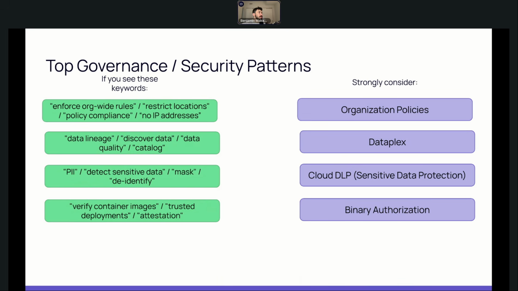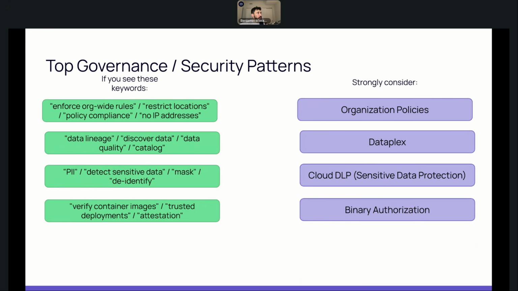Yeah, data lineage. This was in a different slide, but it actually is in this one too. It's not a mistake. It does also go in governance because this is data governance. So if you see data lineage, discovering data, data quality, or data catalog, you should think Dataplex again.